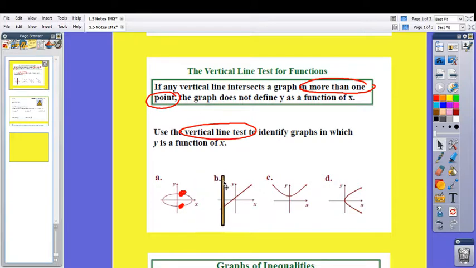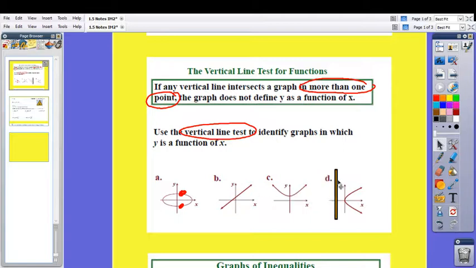But if you come here, you will see only one point is passing each time. So this will be a function. If you come here, this will also be a function because each time only one point is passing. Right now, this is the point. Right now, this is the point. Only one point, only one point. So these two are passing the test.